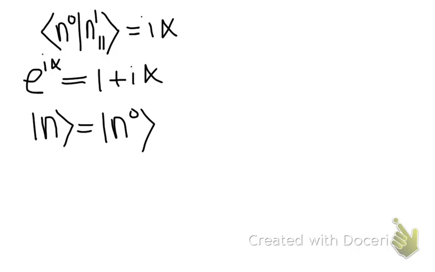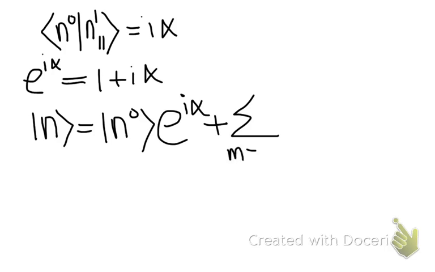n0 times exponential iota alpha plus my sum over all such states where my m is not equal to n.